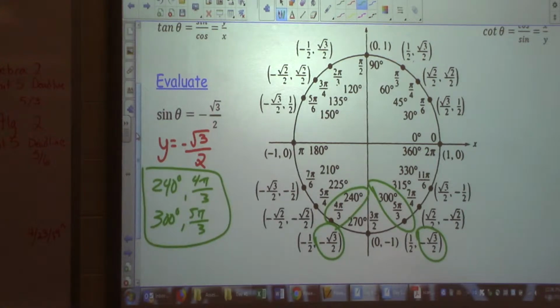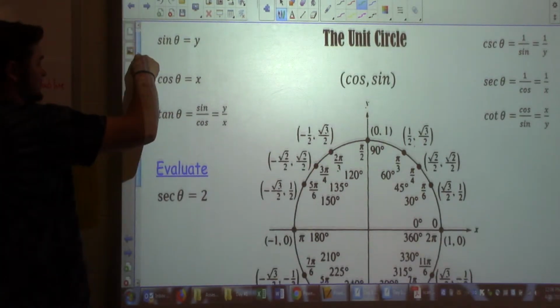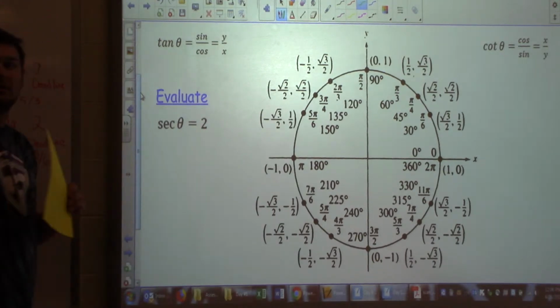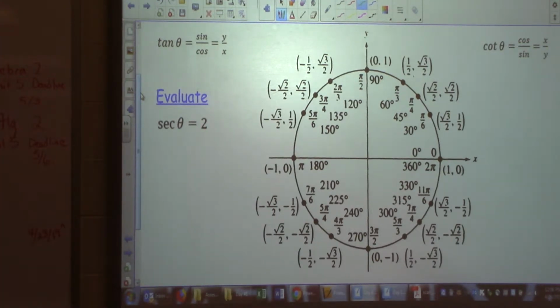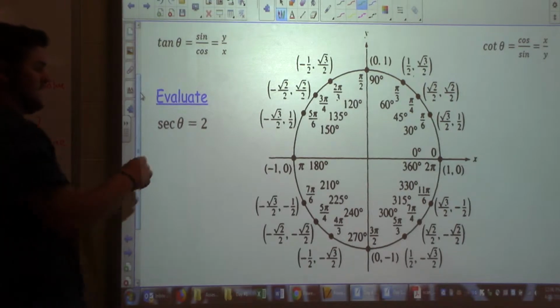Alright. The next one's going to be a little bit more difficult, but they're still not bad. I'm going to go back up to A. Secant theta equals 2. Well, secant theta, just like we did with sine and cosine, what does it equal in terms of x and y? 1 over x.